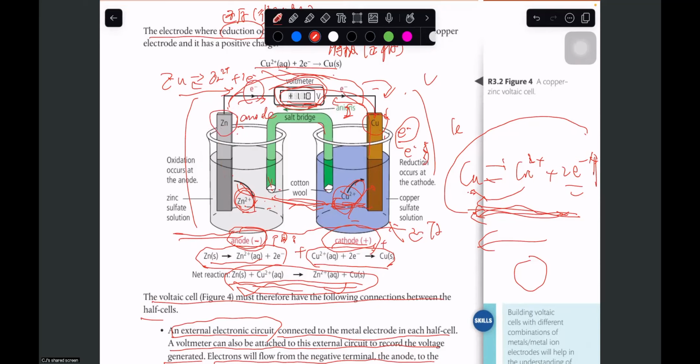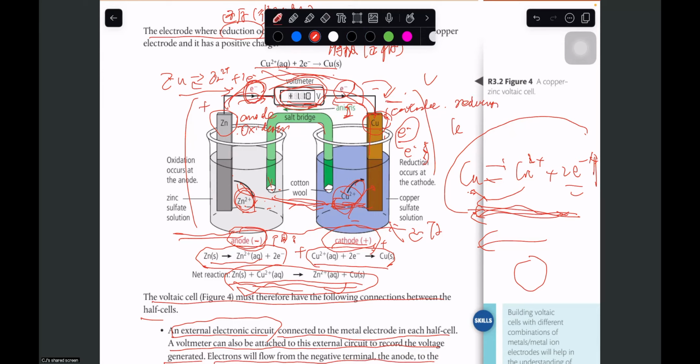It's the anode, and the oxidation reaction occurs. On the copper part, it gets electrons. So it's the cathode with a reduction reaction. And because on this part the electrons are flowing out, it is the negative part, right? And the other one is the positive part.